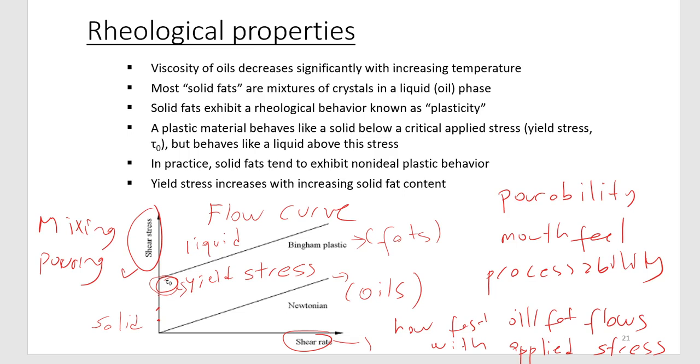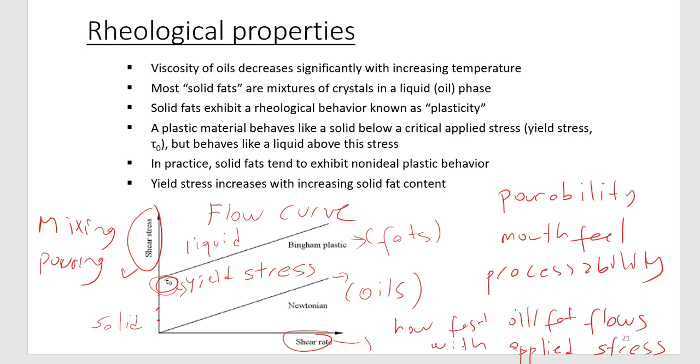But oils are Newtonian and they are just flowing with mixing, pouring, pumping. Oil viscosity is constant with increasing shear rate, but as a general rule, viscosity of oils decreases with increasing temperature.